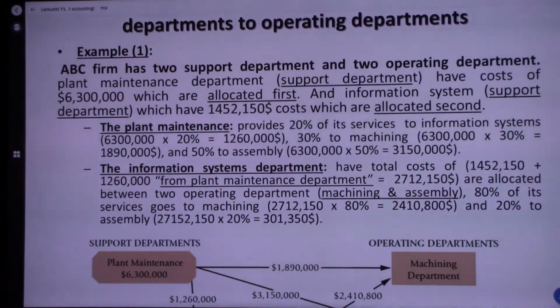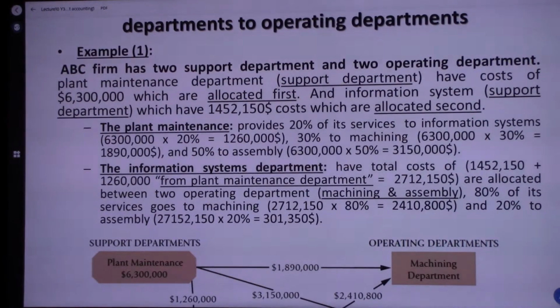So in the step-down method, I will start with the plant maintenance department and allocate its cost on the 3 remaining departments. Why? Because in the example, the firm stated that it is going to allocate plant maintenance department costs first.